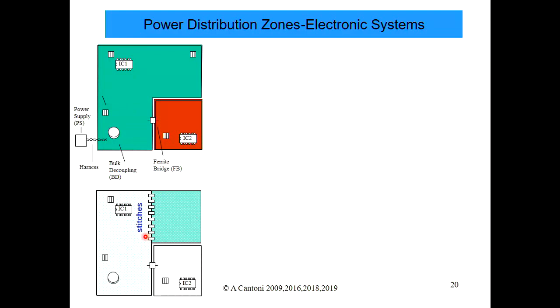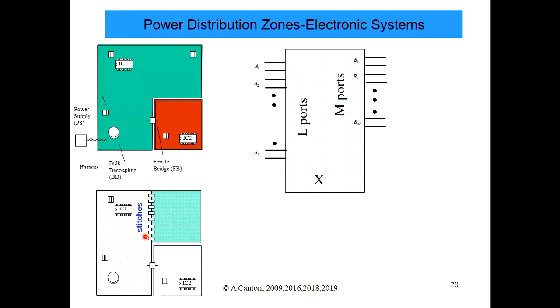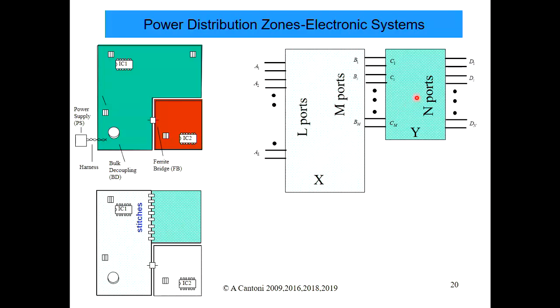And so this is an example of using multi-ports. If we have a multi-port model for this particular section of transmission line, which captures all these high-frequency resonances, and another multi-port model for this piece of power plane, which captures all the high-frequency resonances, we can connect them together.